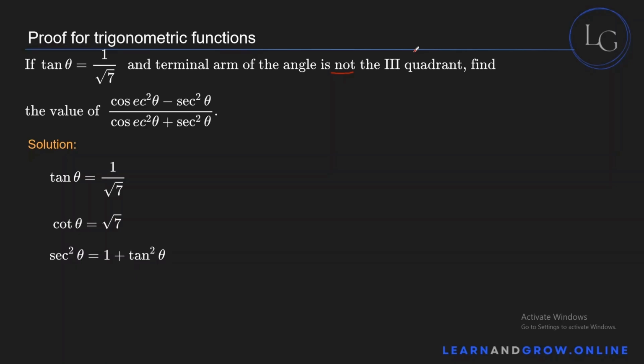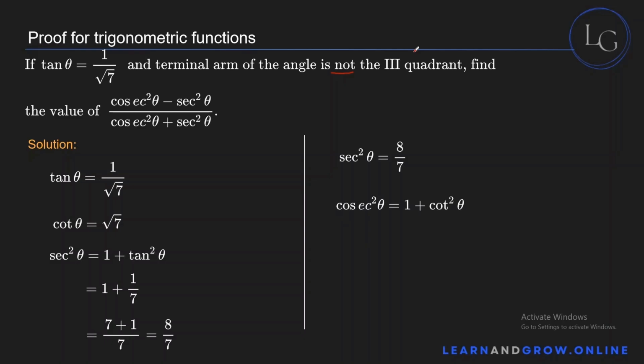Secant theta, again, we'll use this identity to find the value of secant square theta. So secant square theta is equal to 1 plus tan square theta. So secant square theta is equal to 8 by 7. And cosecant square theta is equal to 1 plus cotangent square theta, and that just means 1 plus 7, so cosecant square theta is equal to 8.